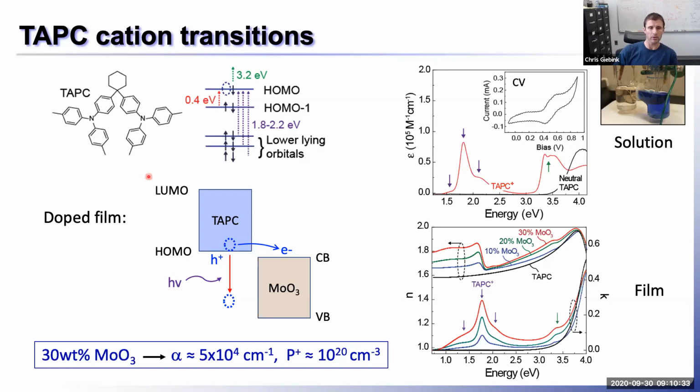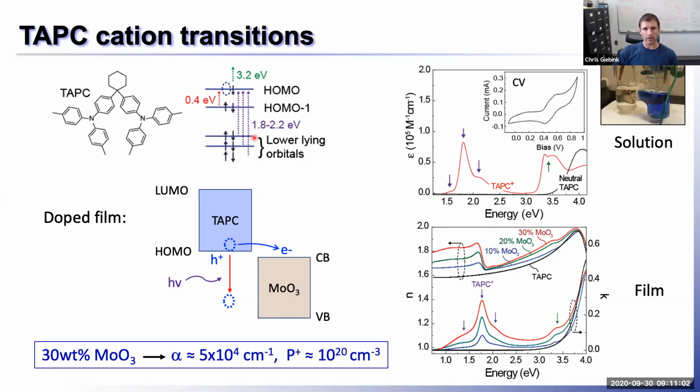And the molecule that I'm going to focus on is, again, a classic one from organic LEDs. This TAPC molecule is another common hole transport material. And if we look at it oxidized in solution, we see these very strong absorption bands out in the red, peaking at about 1.8 eV, as well as one in the UV that are different from the neutral molecule.